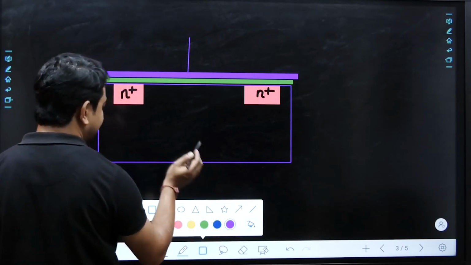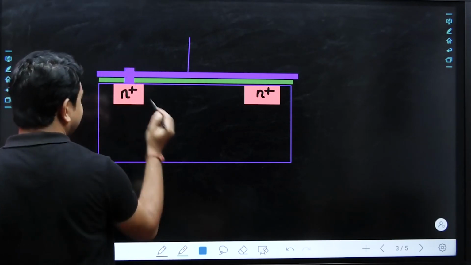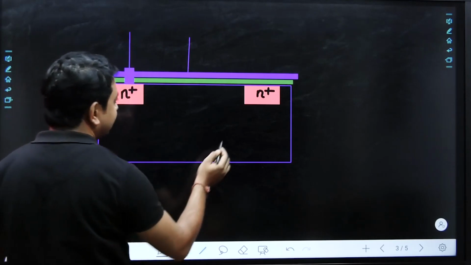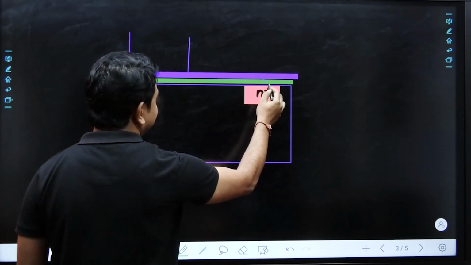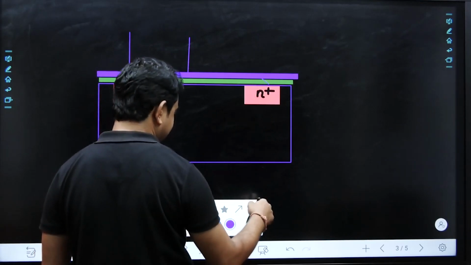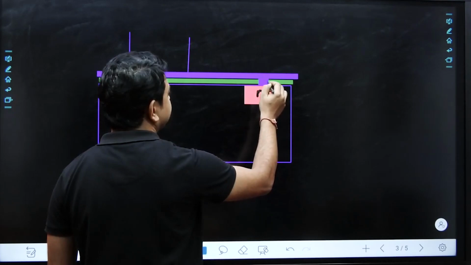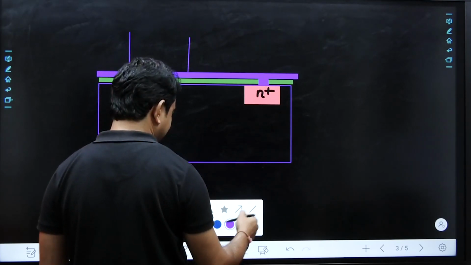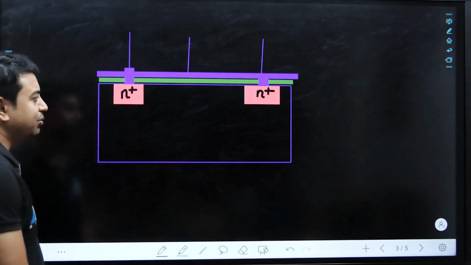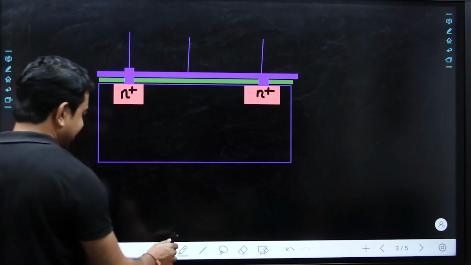So I will make a metal contact like this and extend an electrode from here, and here also I will make a metal contact like this and extend an electrode. So that's why the structure of the metal oxide semiconductor would be like this.